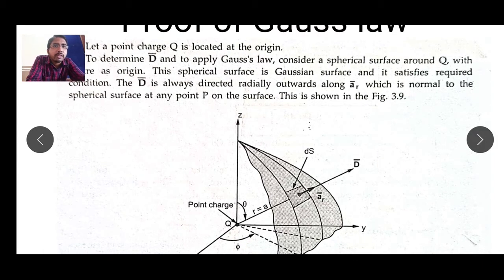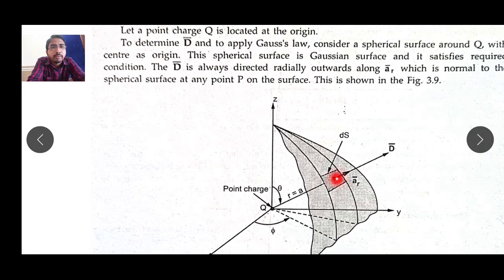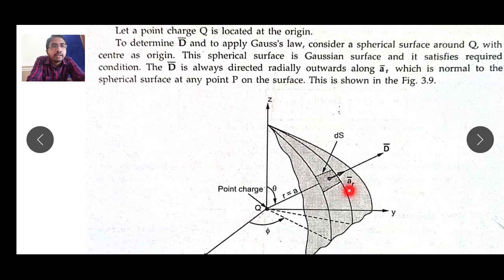So from the complete closed surface, we are only taking a differential surface dS. Now, due to this point charge Q, I want to find the effects here in this differential surface dS. The unit vector perpendicular to this surface is a_r. a_r is the unit vector.